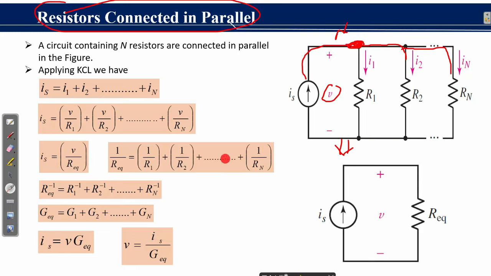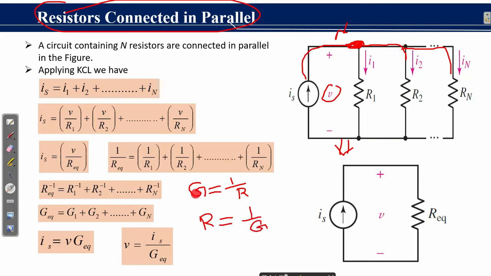We can also write this as R equivalent inverse is equal to R1 inverse plus R2 inverse plus Rn inverse. We know that conductance G is the property of the resistance to allow current across it, and conductance G is equal to 1 over resistance, while the resistance can be shown by 1 over G.